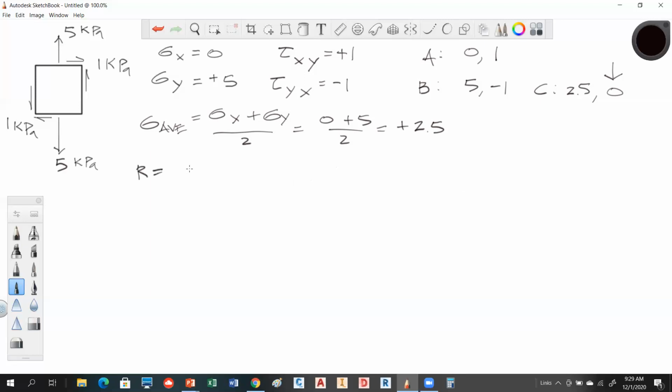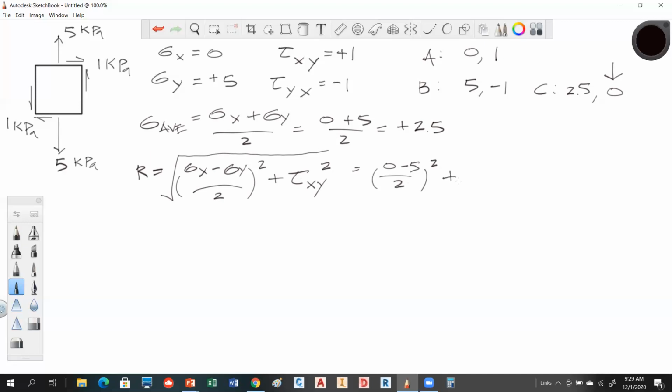R is the square root of normal X minus normal Y divided by 2, squared, plus the shear stress along the X face in the Y direction squared. So in here we have 0 minus 5 divided by 2, but since we square that, that'll be a positive number. And then this one is 1.